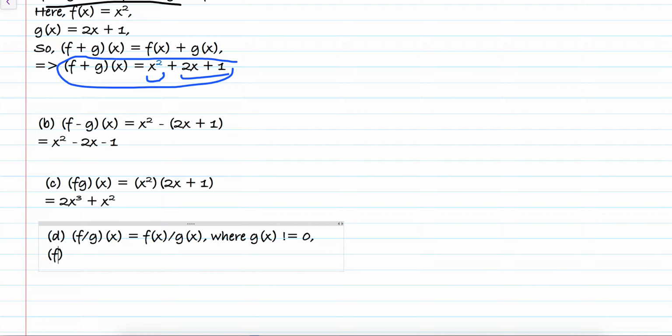So here (f by g)(x) will be equal to f(x) is x square and g(x) is 2x plus 1, where 2x plus 1 should not be equal to 0.